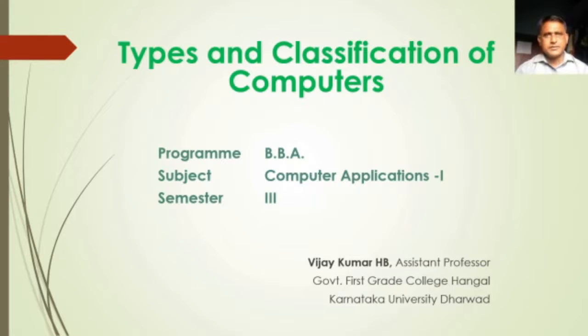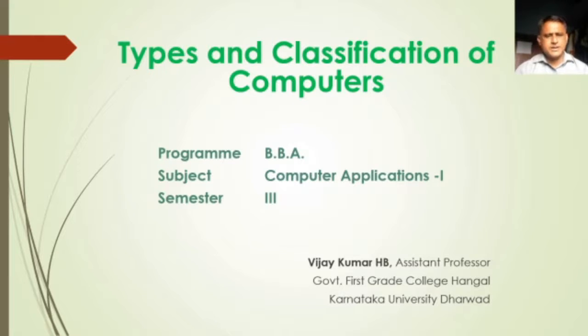From 1946, we have seen several computers built using different hardware and software technologies. Based on the major changes in the hardware technology and software being used, the classification is done into 5 generations.